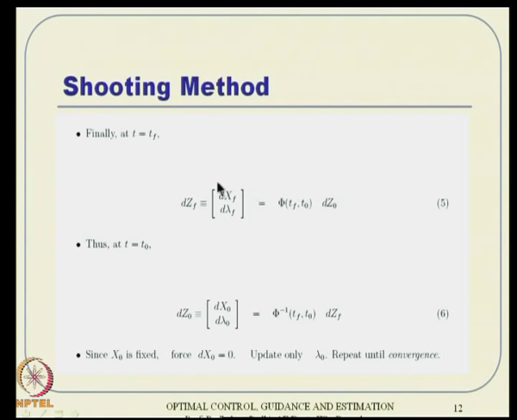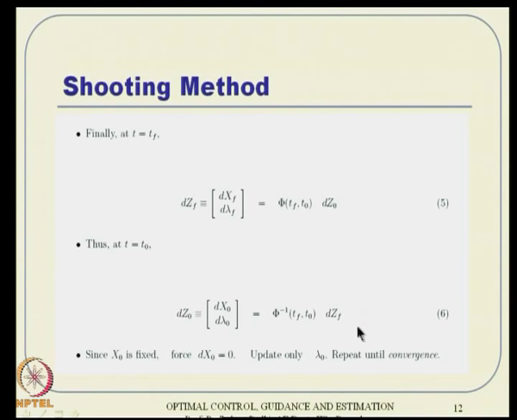Anyway, coming back to that, this dz_f is calculated this way, and hence in principle this dz_0 is nothing but φ inverse (t_f, t_0) dz_f. Also remember, state transition matrices are never singular, and hence this inverse always exists, so this is always possible to compute.